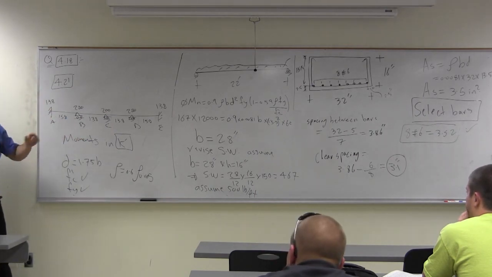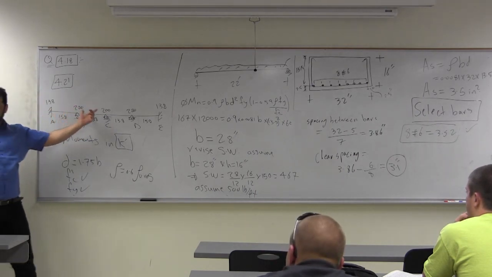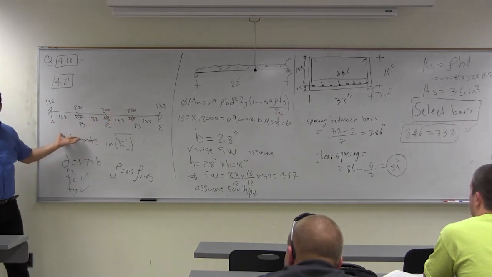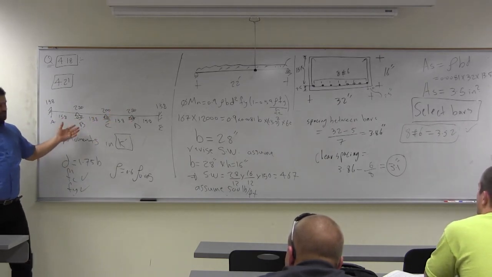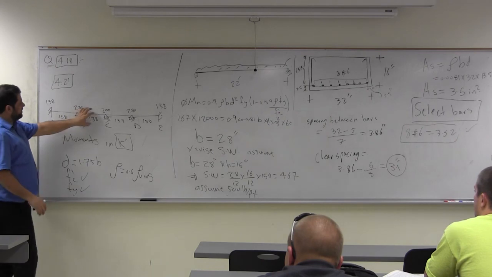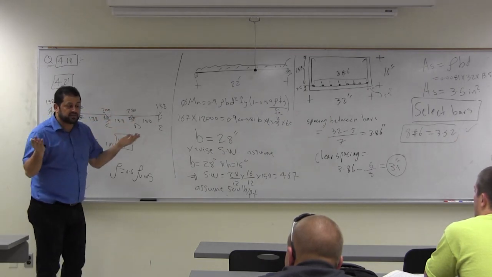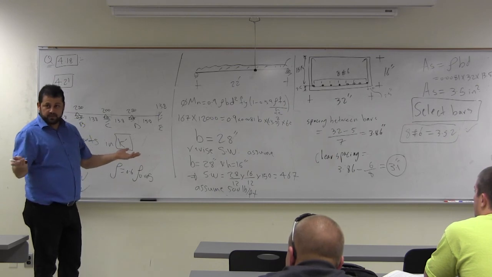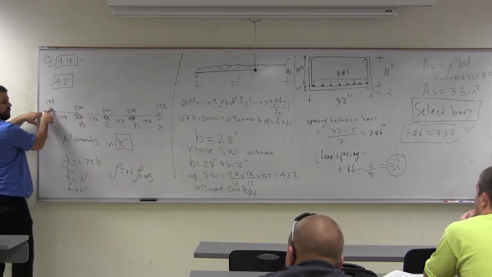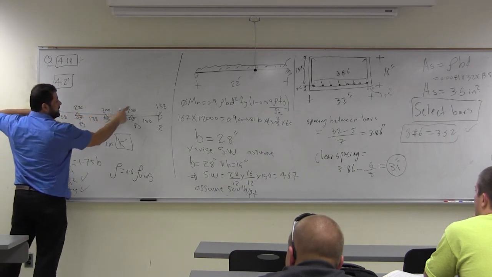When you have positive moment, which is within the span, tension at the bottom. Right? So this span has 158, 138, 138, 158. Positive. Their reinforcement must be at the bottom. And these supports have negative moment, here, here, here, here, here, with these values.